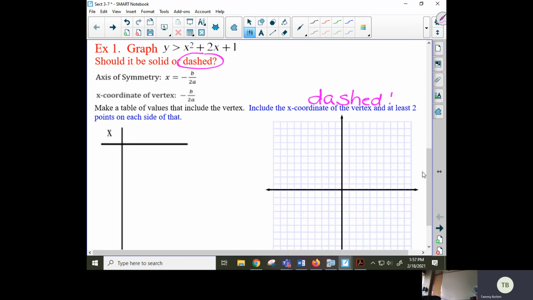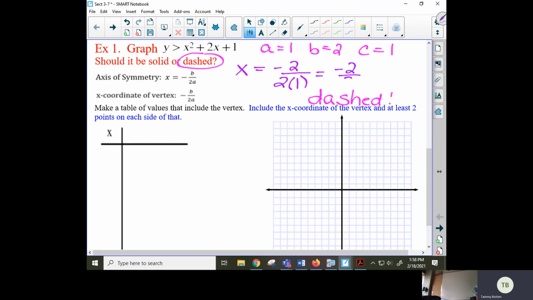Then we're going to find that axis of symmetry, just like we did at the beginning. A is what's in front of your x squared, which is 1. B is what's in front of your x, which is 2. And C is your constant, which is 1. Then we find x, which is negative b, and b is 2, all over 2 times a, which is 1.